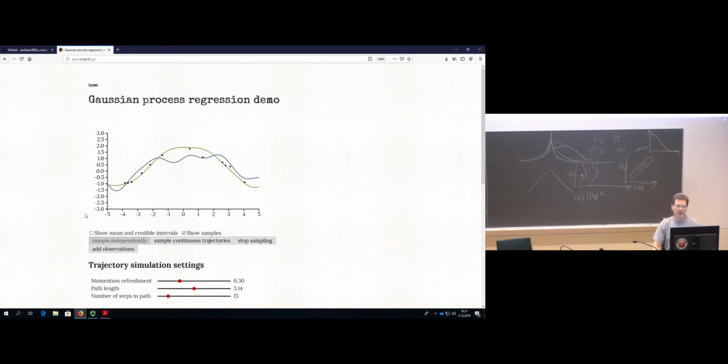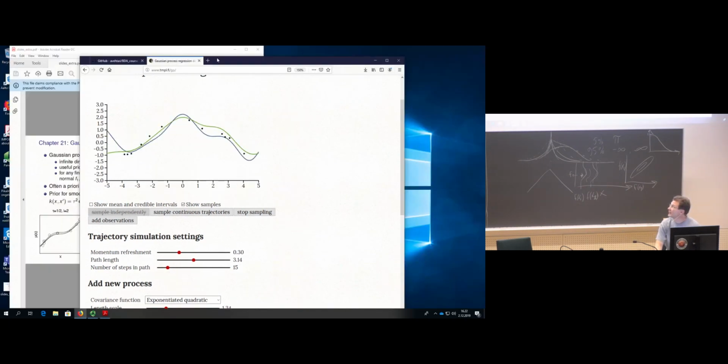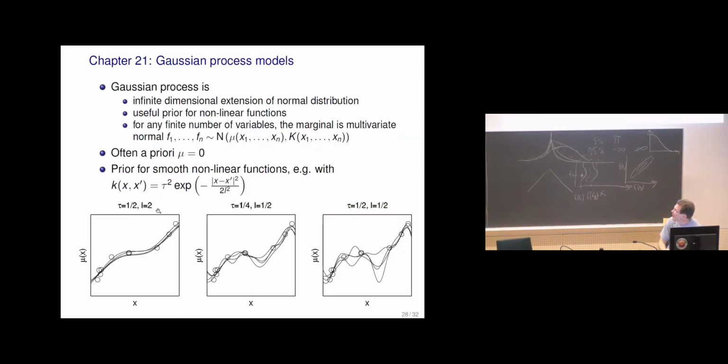And you can see the green one is now smoother going through the points. And here are also examples where, with the different length scales, they've been conditioned on the data.